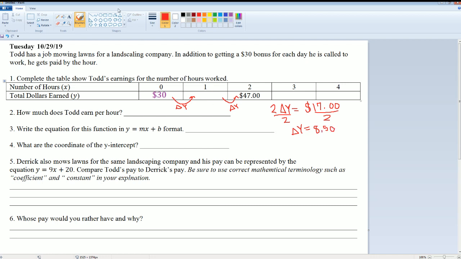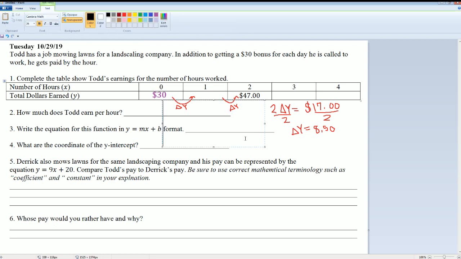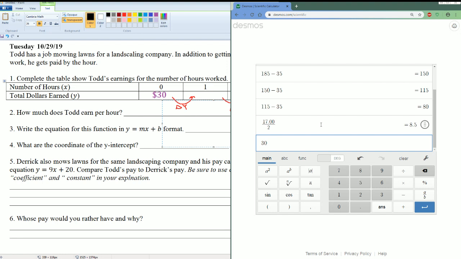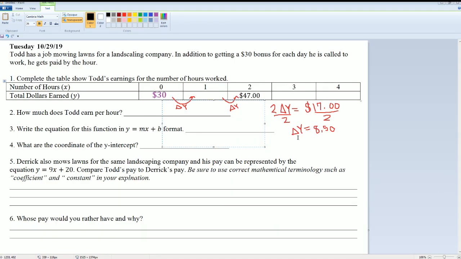This value here should be $30, because that's how much you start with. Add $8.50, because that was your delta y, which is $38.50.